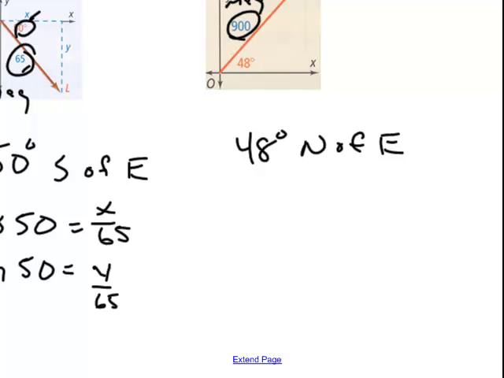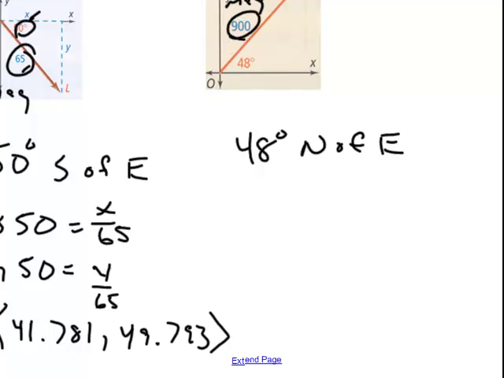If you work those out, it's going to be about 41.781. That's 65 times the cosine of 50, and 49.793. That is 65 times the sine of 50.